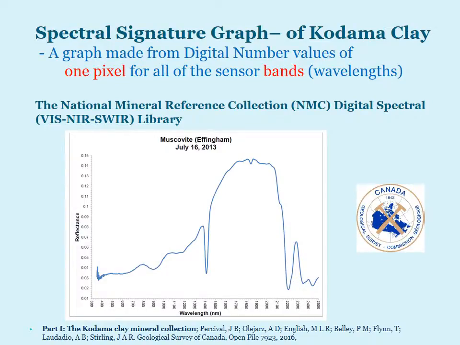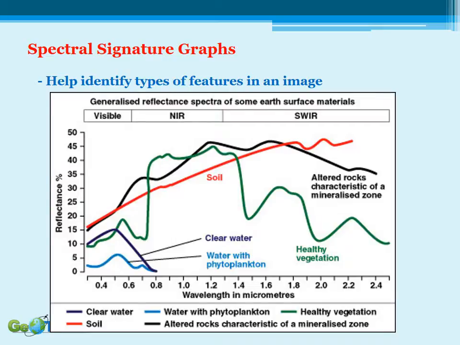I can take then all of the bands, remember we have more than one band for these satellites, and take all the values for each of the pixels and graph them. So here I have the wavelength and its brightness, and I can graph it and I can identify what it is. Now this is from the National Mineral Reference Collection in Canada, showing the mineral kaolinite clay.